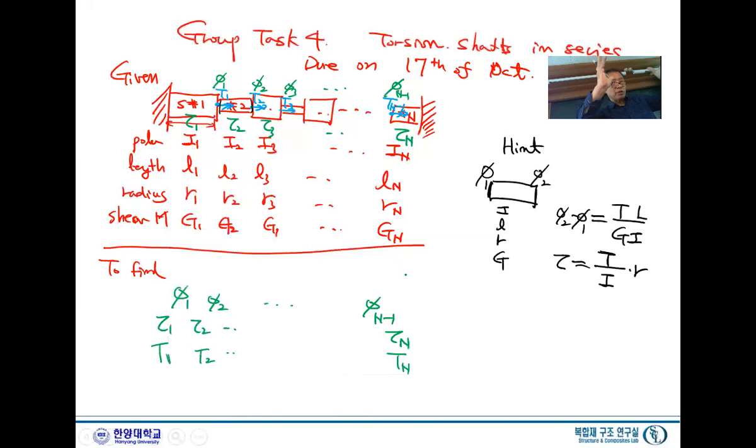Each one will have a certain torque, right? Okay. So this is each torque and each polar moment I and each radius R, and this is the tau. Of course, this is a maximum because R is the outside radius. So these are all maximum.